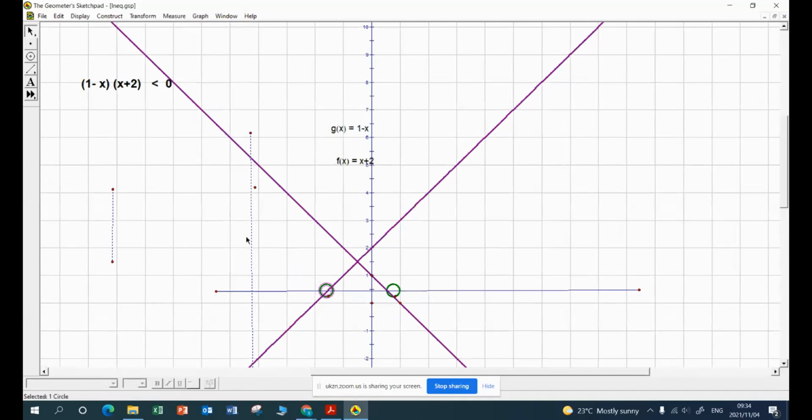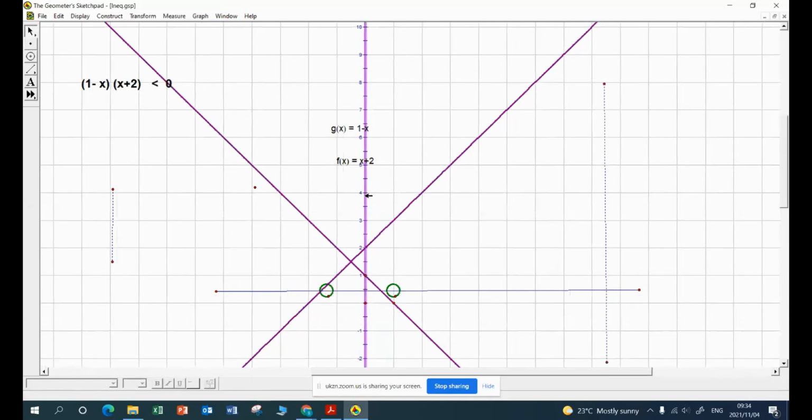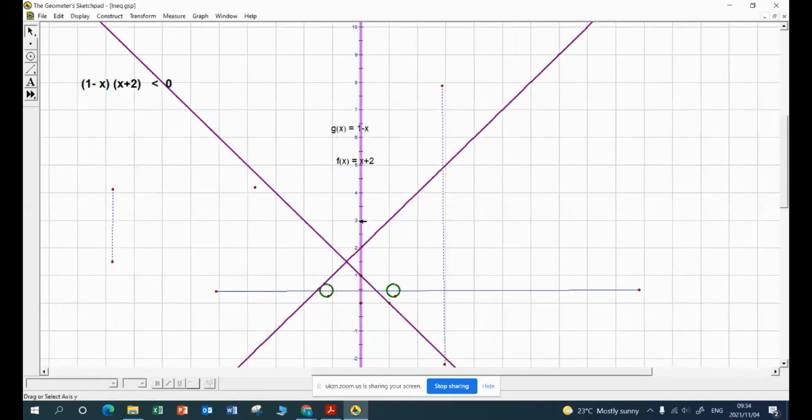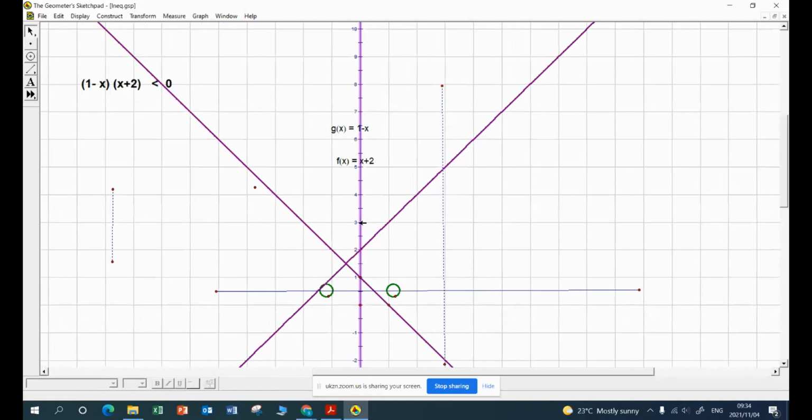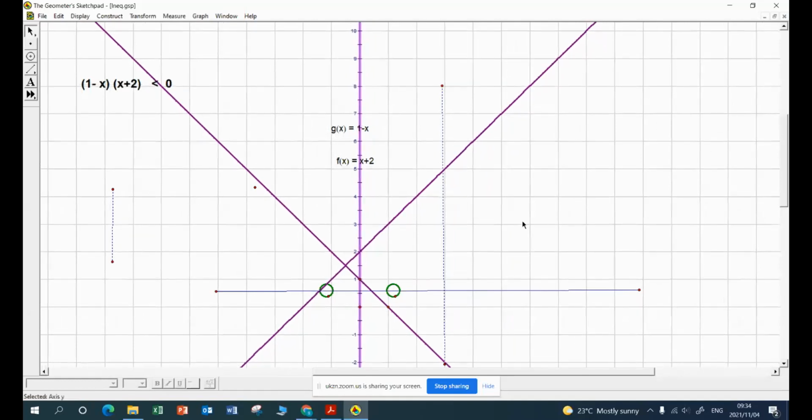Now, for x greater than 1, there's your 1 there. This method, you don't have to use it. You can use a parabola.